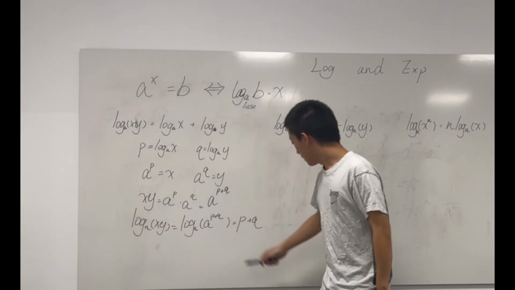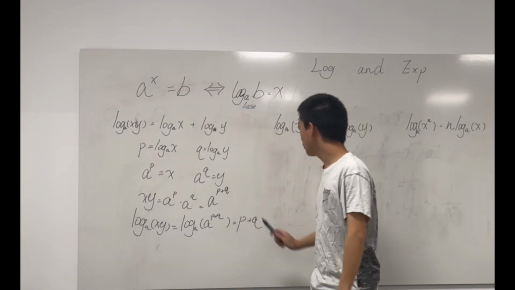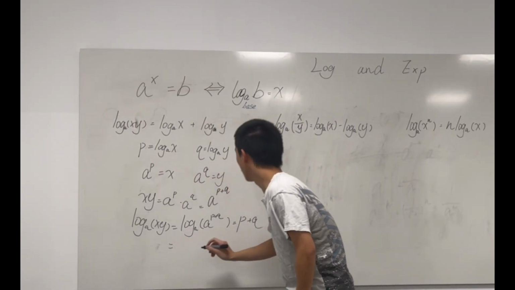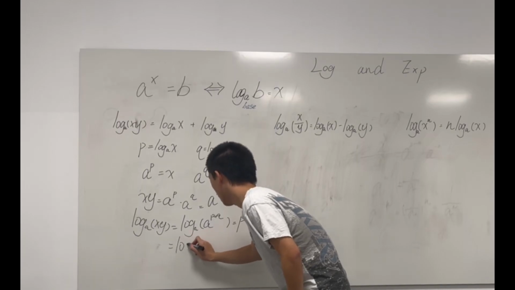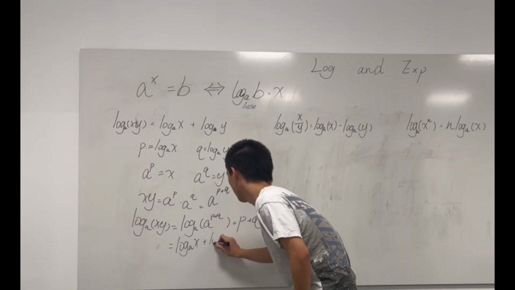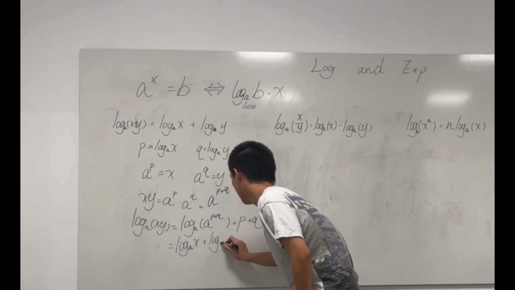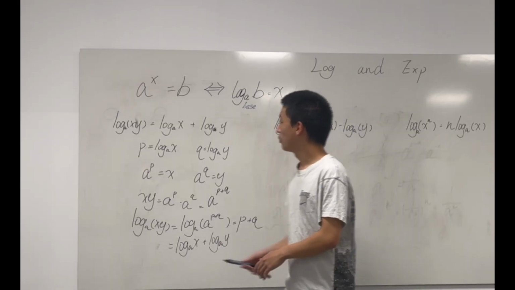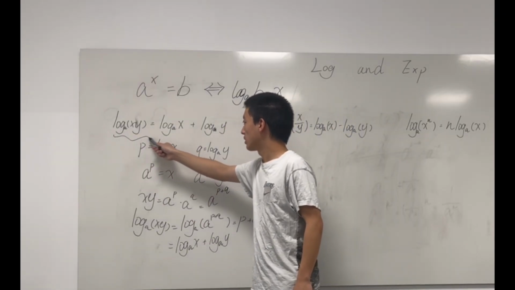So we know that p is equal to log a x, q is equal to log a y. Therefore, it's equal to log a x plus log a y. So that's why this formula is always correct.